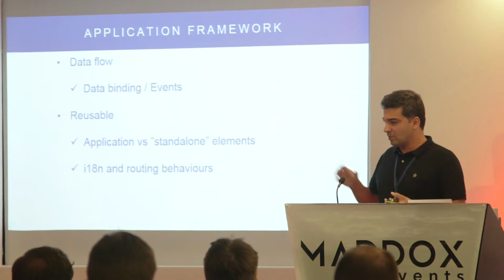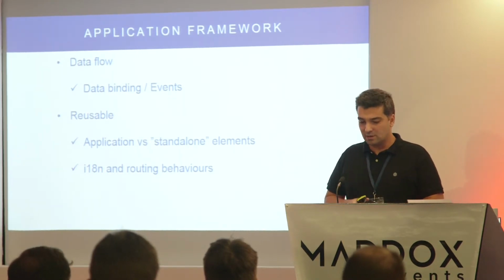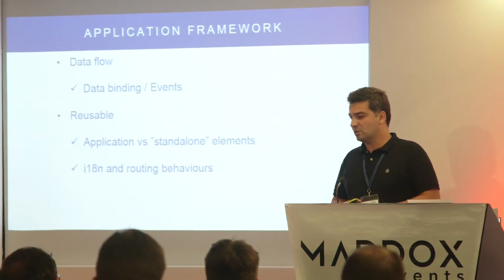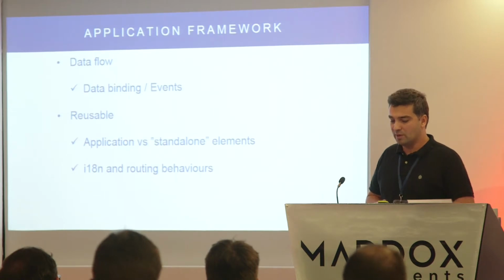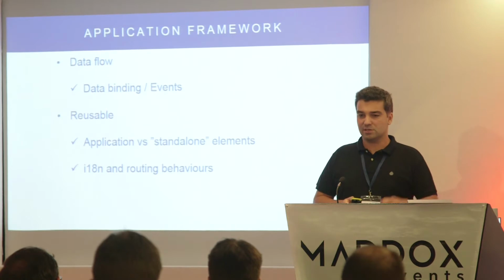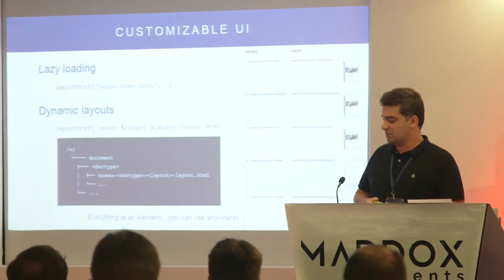And just decoupling these elements was tricky. And even basic stuff at the time where we started, there was no internationalization solution, there was no routing, especially reverse routing solution for Polymer. So we worked our way around that by building these behaviors, very easy to mix in your elements, and step by step we built the application.